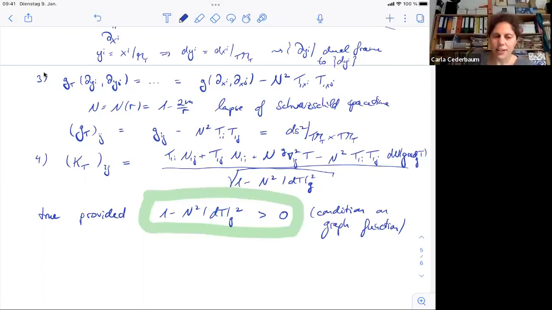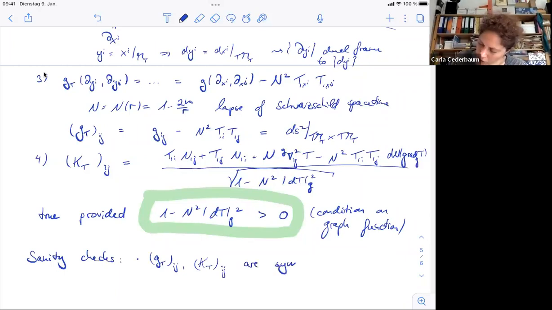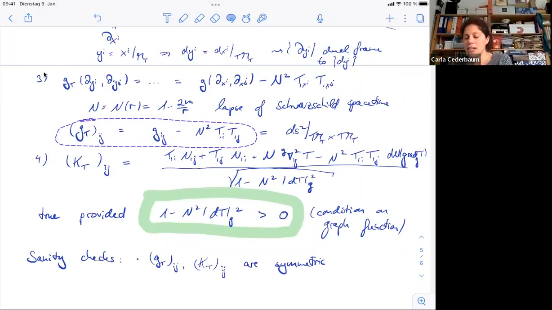Sure. Okay, so whenever someone throws such a formula at you, make some sanity checks. So the sanity checks are that both g_t in components and K_t in components are symmetric. I told you the second fundamental form is symmetric, and you know that metrics should be symmetric. So let's look at the formulas. Here the right-hand side of the metric formula is of course symmetric in ij because g is, and t_i t_j is also symmetric.